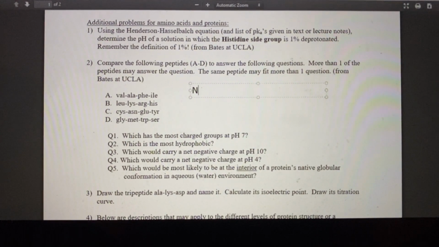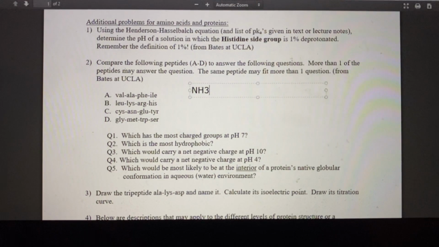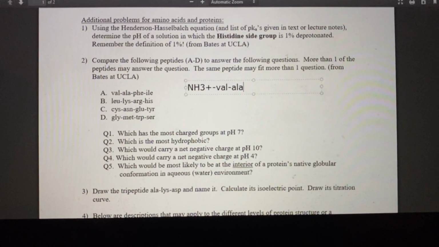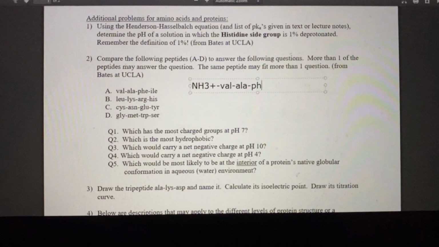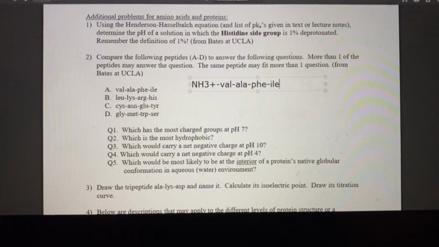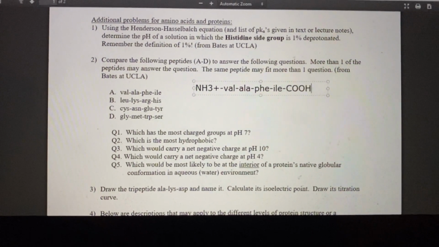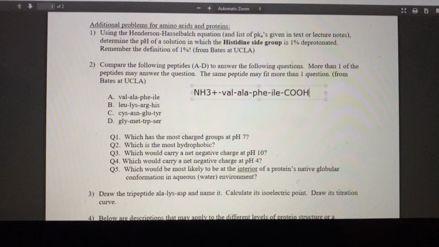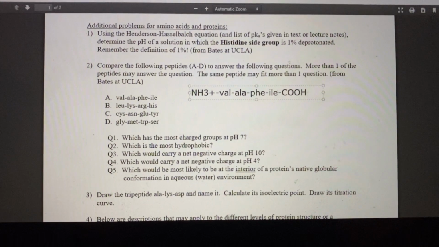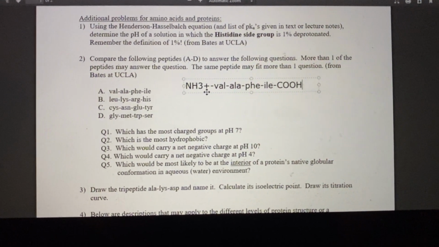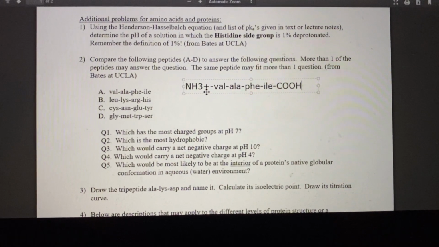So we want to assume for like A is NH3 plus, then valine, then alanine, then phenylalanine, then isoleucine. And then initially at pH 0, you want to have COOH, where everything's protonated. Okay, initially until you see the question. So all of these you want to rewrite like I have here for A, and then read the questions.